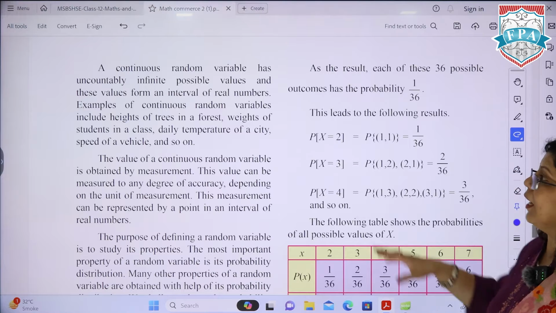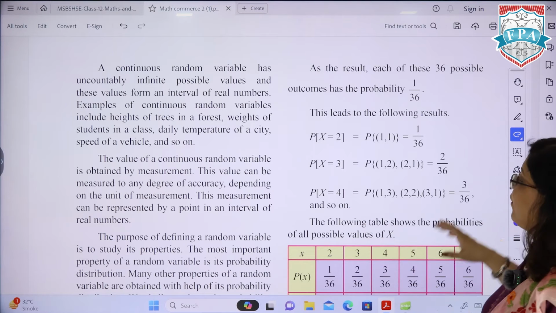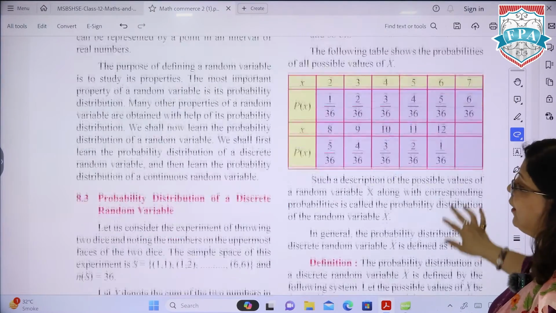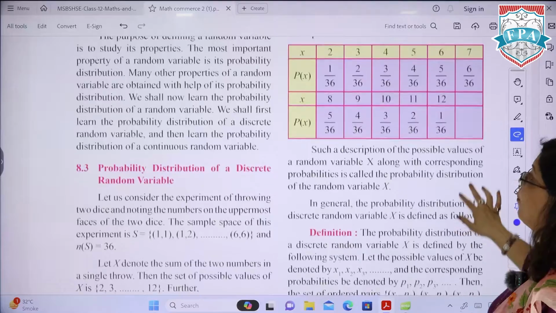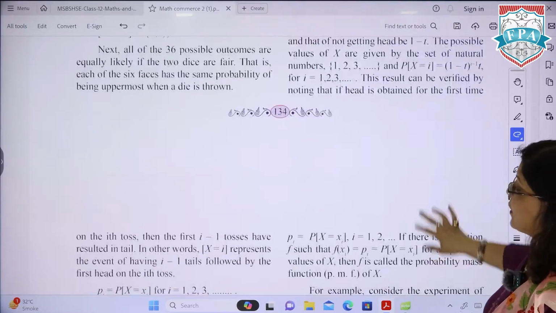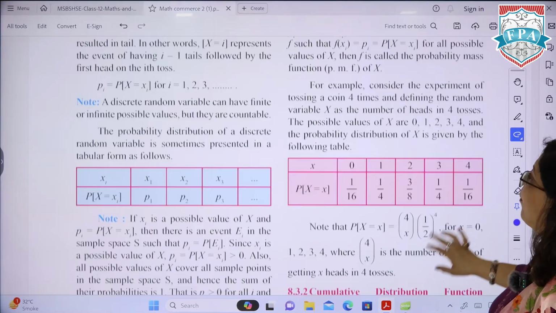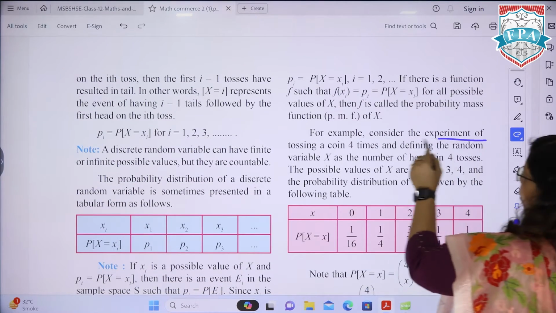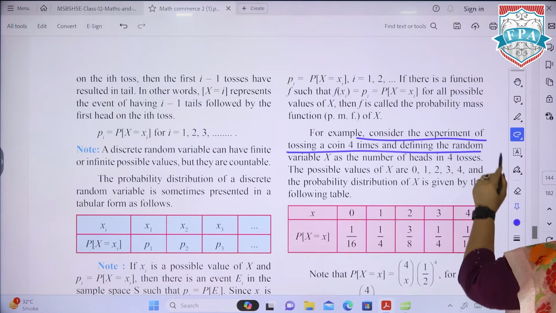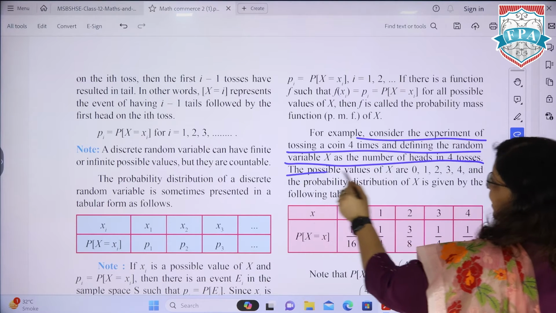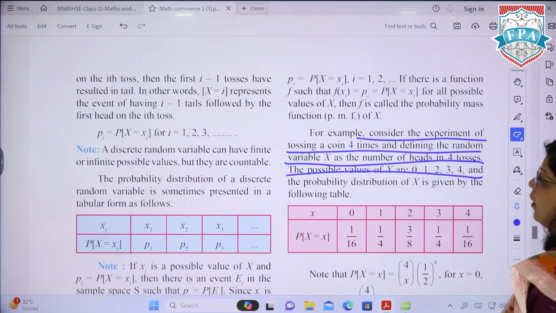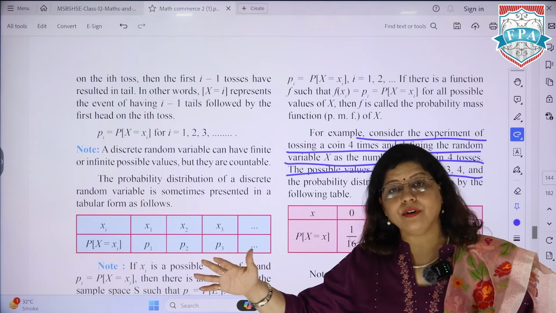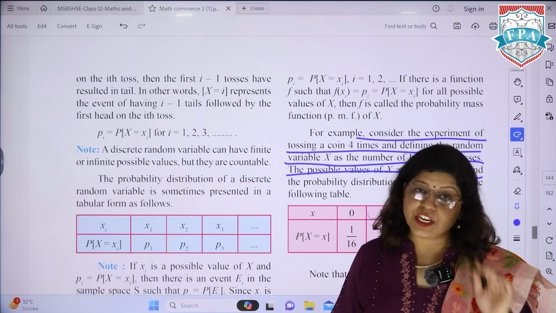So once we get the continuous or the discrete random variable, we'll see how to calculate and make a probability distribution function. Let's take one example to understand it. Consider the experiment of tossing a coin 4 times and defining the random variable x as the number of heads in 4 tosses. Number of heads can be maximum 4 and minimum 0.